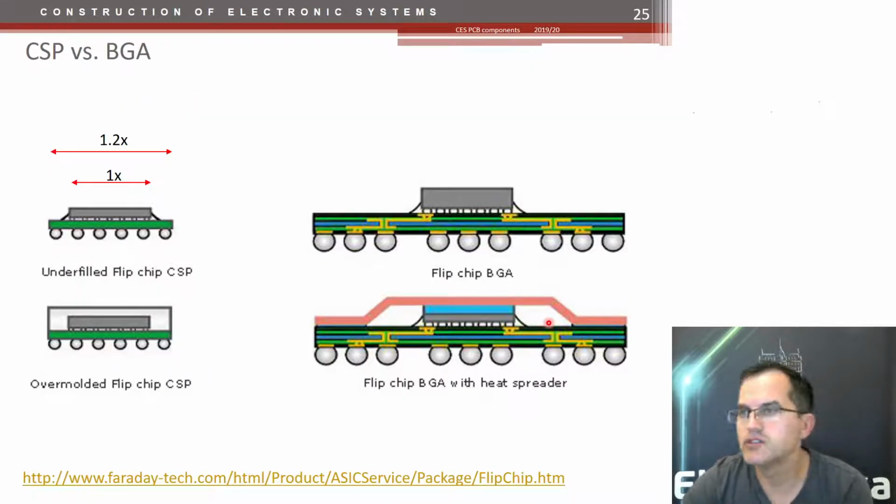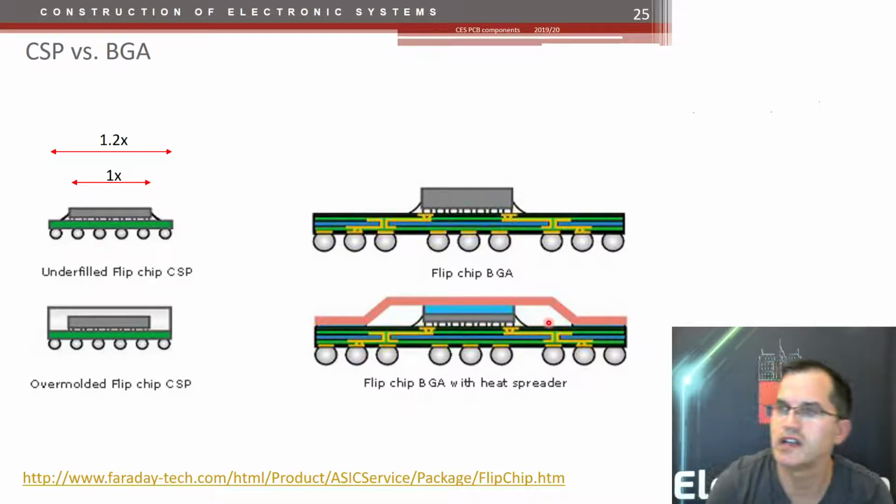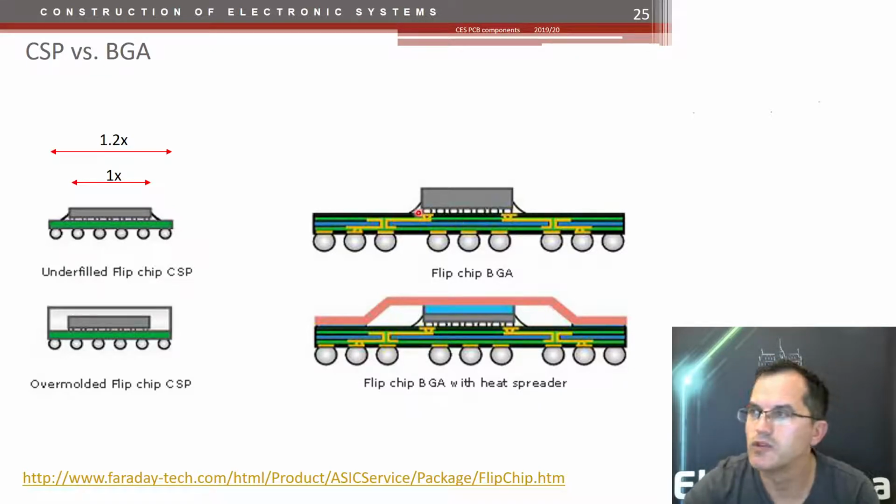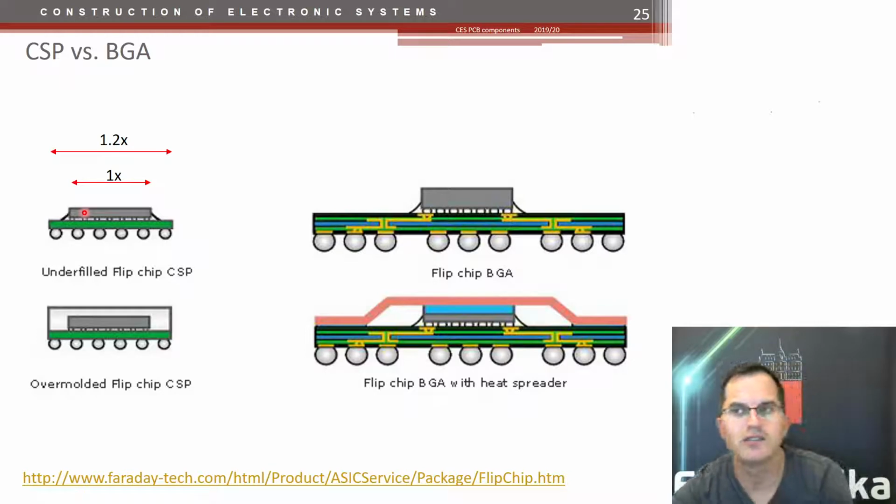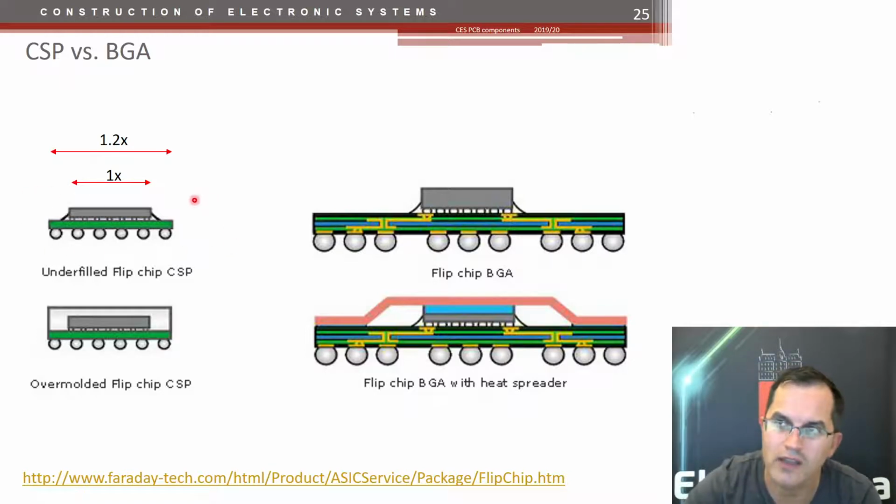Well, chip scale package is actually even smaller than BGA, as you see here. Usually the PCB is only 20% larger than the chip itself, and this is then the whole package.